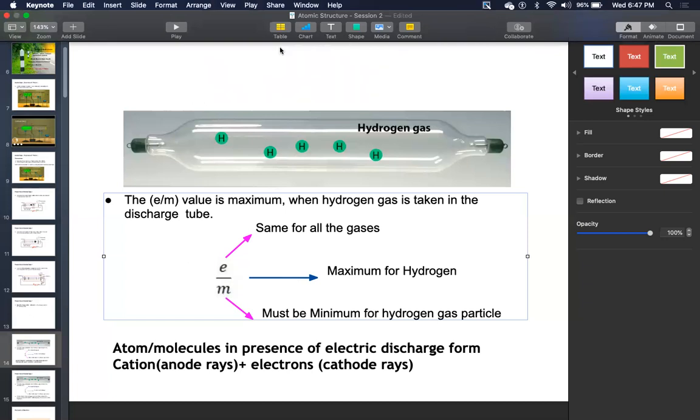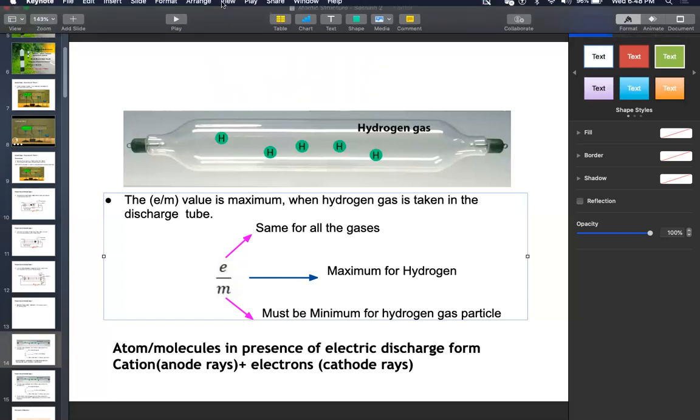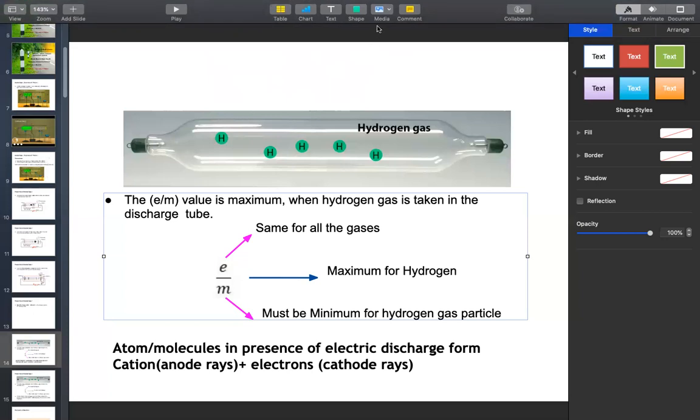I'm erasing this part. So, one minute. Done? So, sir, for any gas other than hydrogen, we'll only get positive ions.